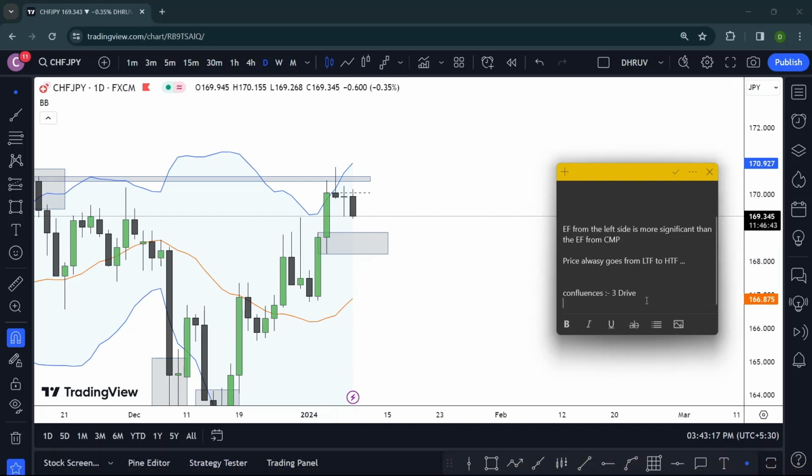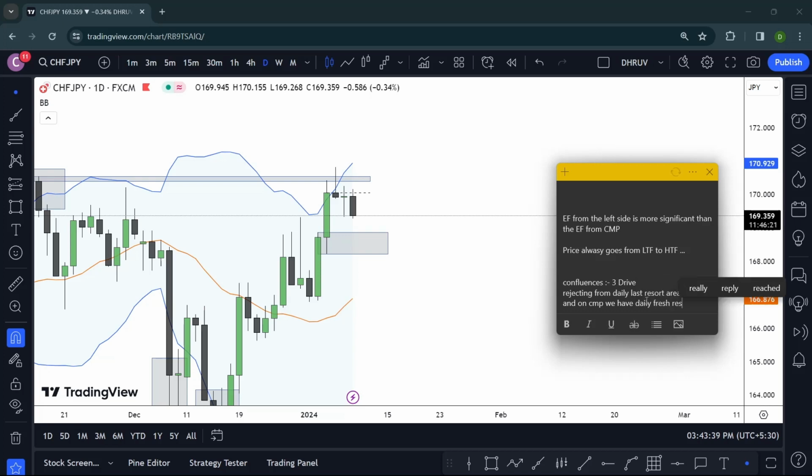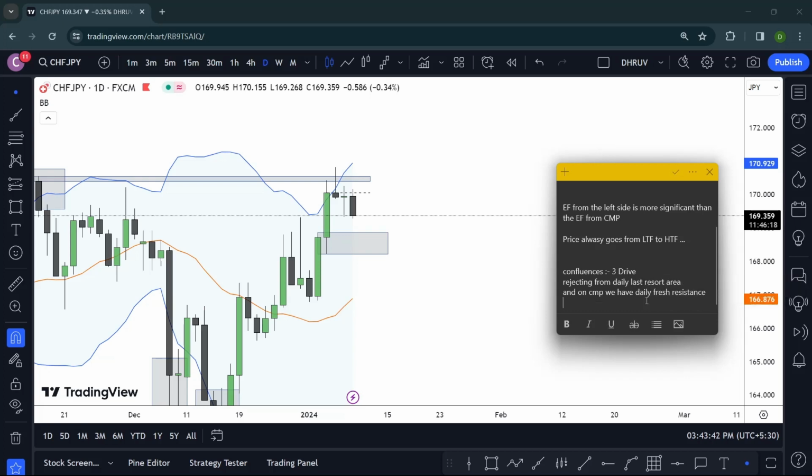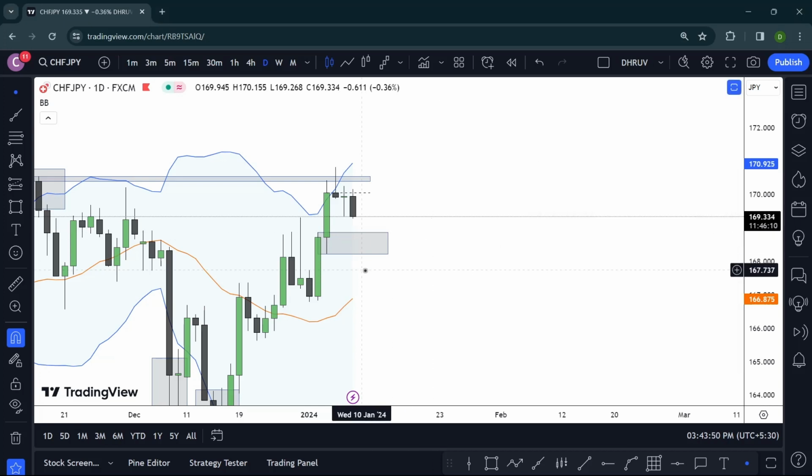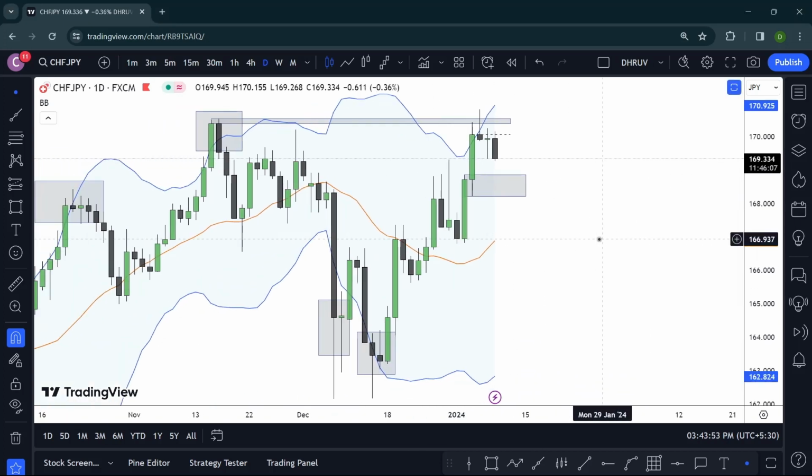One is the 3 drive, second is we are rejecting from the daily last resort area, and on CMP we have the daily fish resistance, right? And the fourth one is Bollinger Band, right? So now we have four confluences to work with.